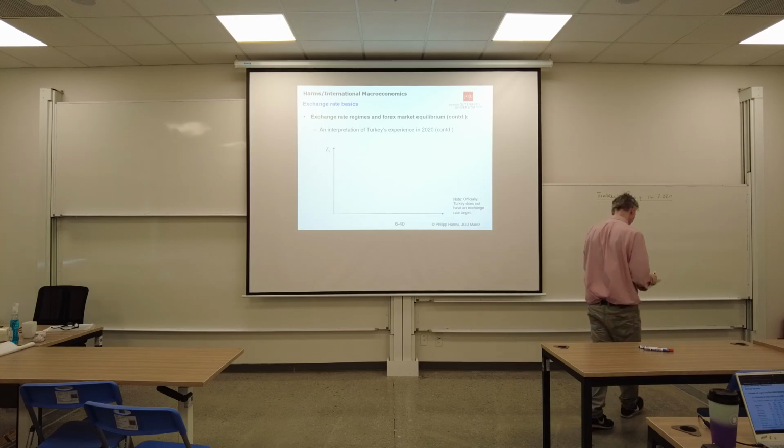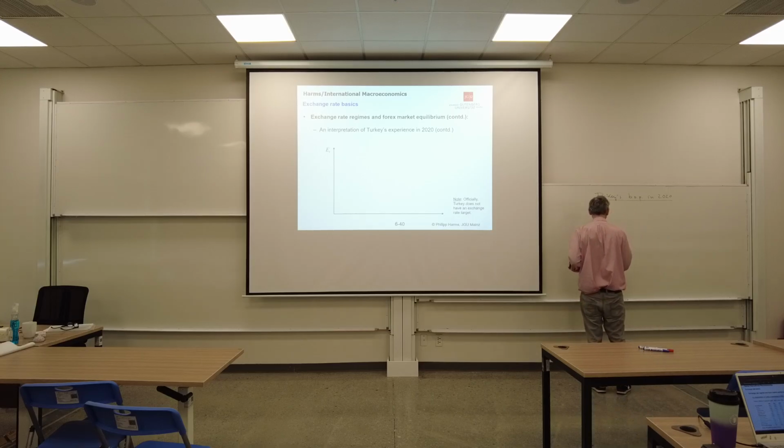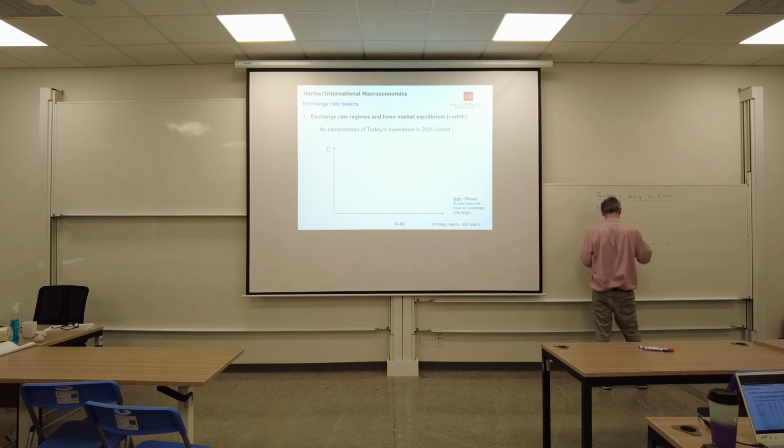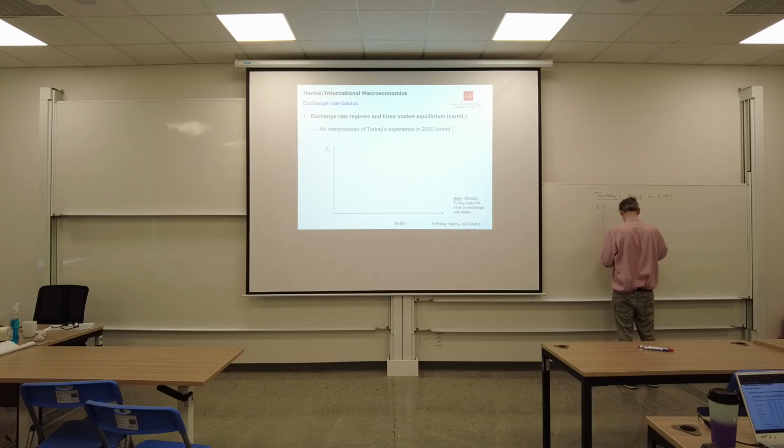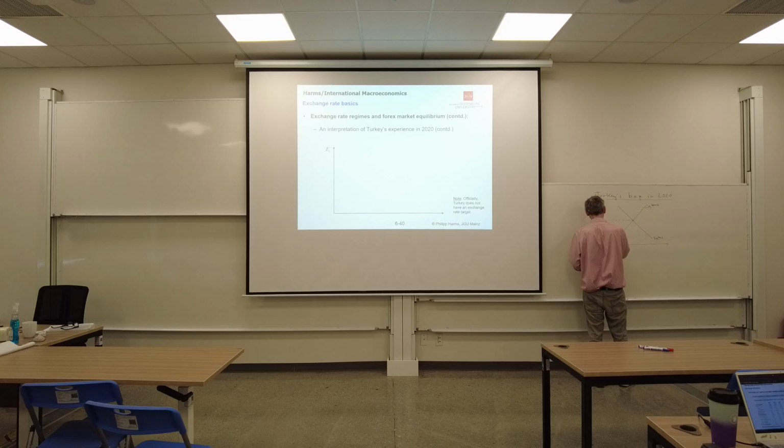So you have the nominal exchange rate, and you have the current account balance, say 2019, and you have the financial account balance in 2019, and you have that nominal exchange rate, right?